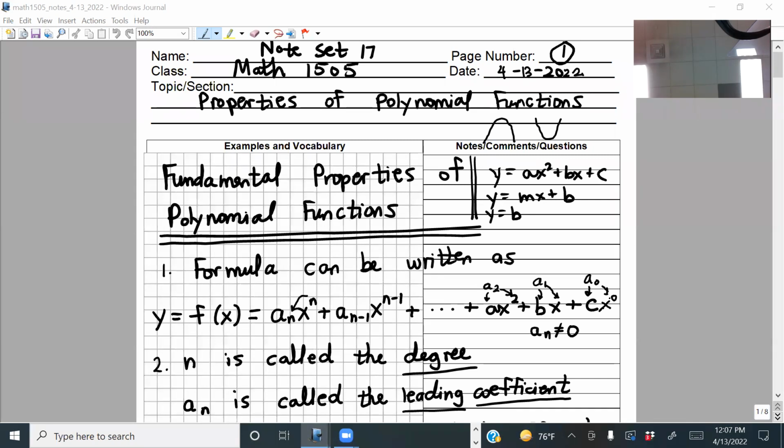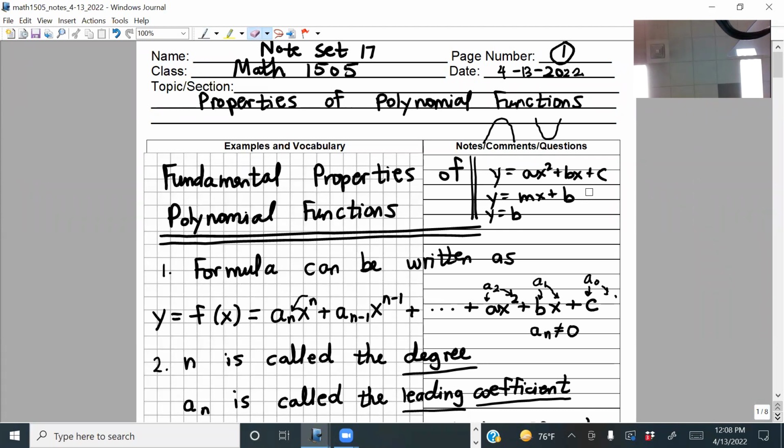I wrote that as x to the 0th power, but what is x to the 0th power again? Remember? 1, right? So at the end here, you just have a constant, just like you have in quadratic functions and linear functions.